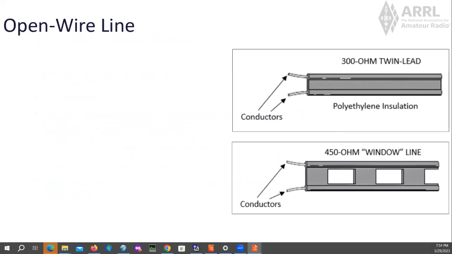And this is open wire line. If you ever remember having an external antenna before they went to digital TV, that 300 ohm twin lead was the commonly used feed line for that. And that 450 ohm window line is the type that's out there.